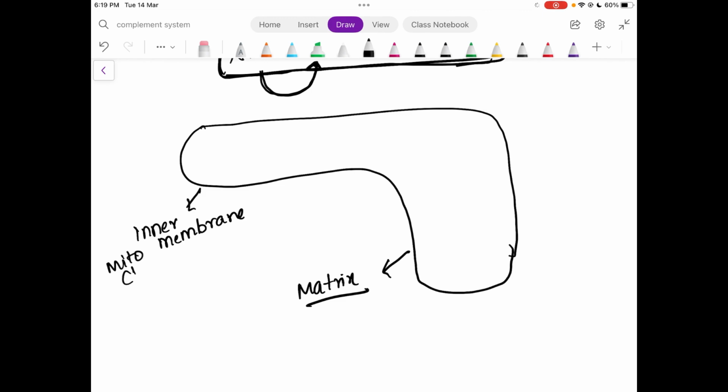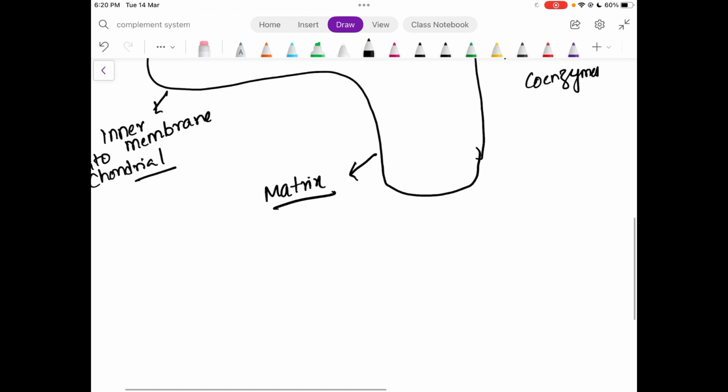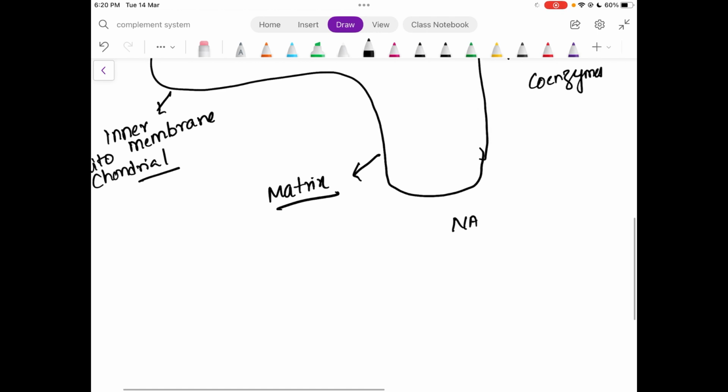Inner mitochondrial membrane. This complex 1 has multiple coenzymes and cofactors. What is happening here?